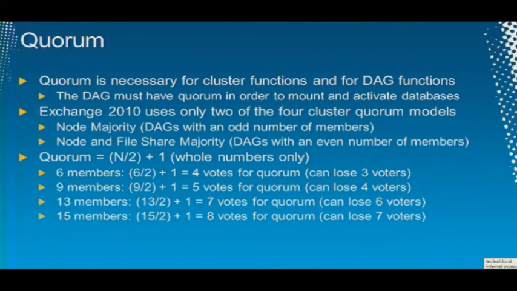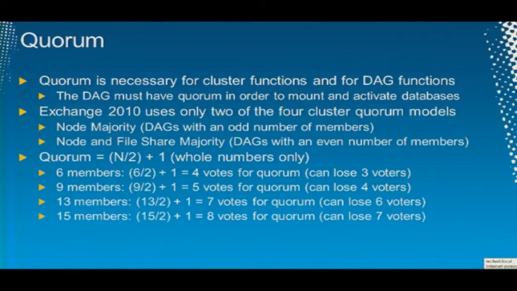Quorum is simply defined by a majority of the members, or what we sometimes call voters, being able to communicate with each other. So to have quorum, you must have a majority of members that are not only active, but have communications with each other over the network. In Exchange, we only use 2 out of the 4 available cluster quorum models. We'll use either a node and file share majority or a node majority. I'll show you what I mean by that in a second.